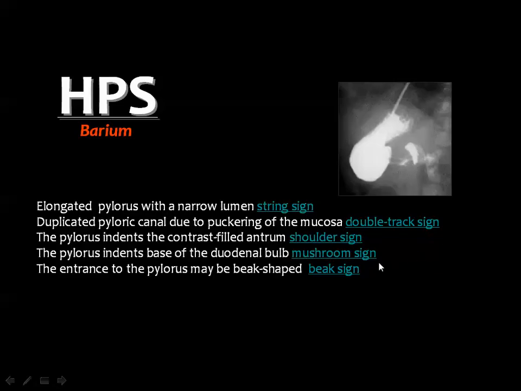The mushroom sign describes an appearance that simulates a mushroom, and the beak sign appears whenever the barium is obstructed here, resulting in a beak-like configuration before it can pass the stenotic segment to opacify the pyloric canal and the duodenum.